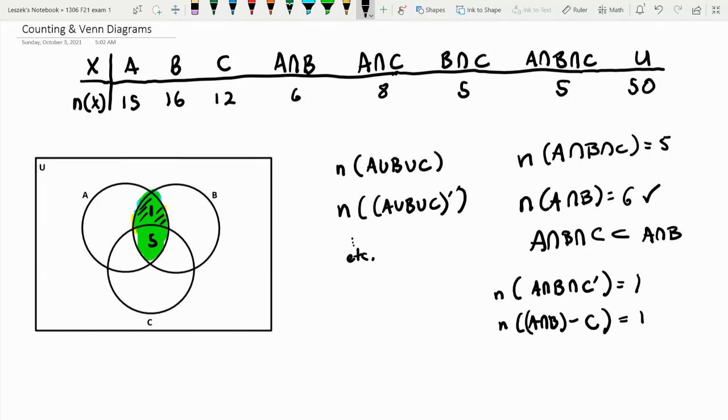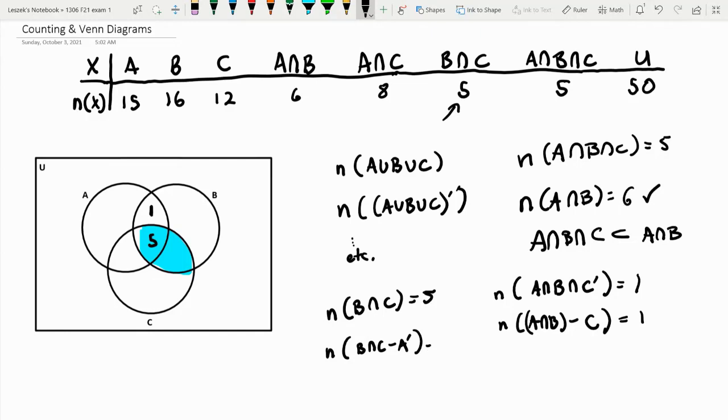So now we look at, let's say, the intersection of B and C. That's in here, and in that intersection we have 5 elements. So how many elements are there going to be in the intersection of B and C but not in A?